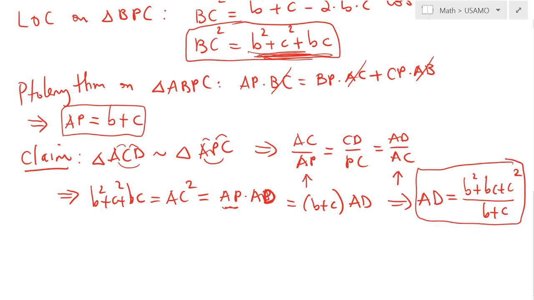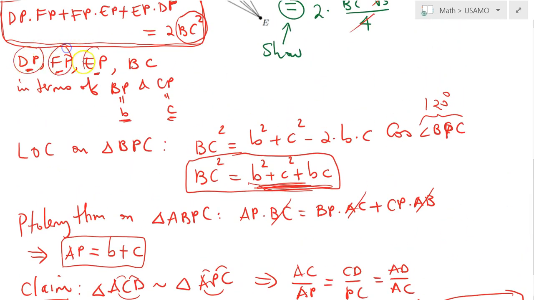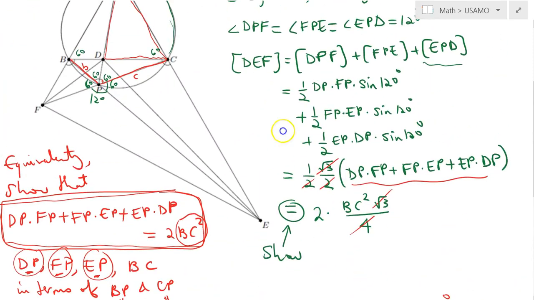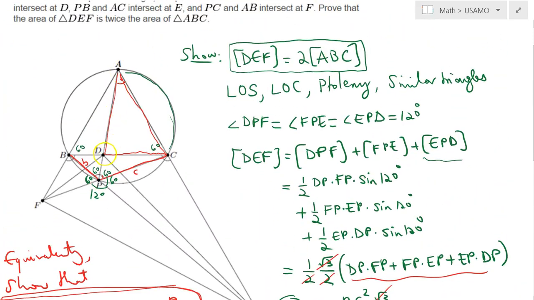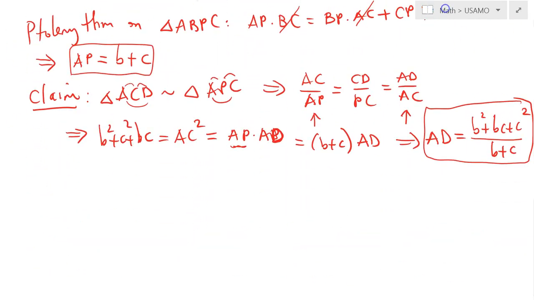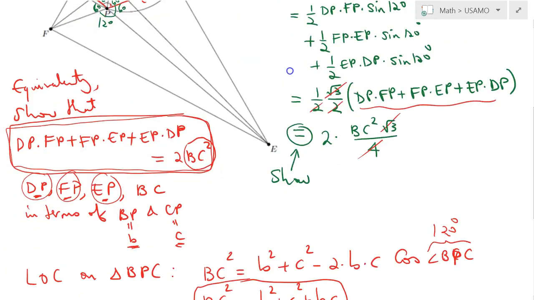So that's another length represented in terms of lowercase b and c. Still, I need these three, by the way. But then, noticing that AD plus DP is equal to AP, which I know is equal to B plus C, finally I can get PD as a result. So PD is simply equal to AP minus AD.